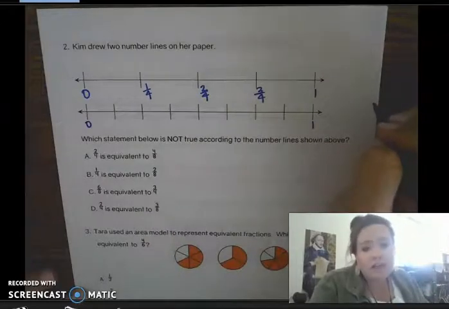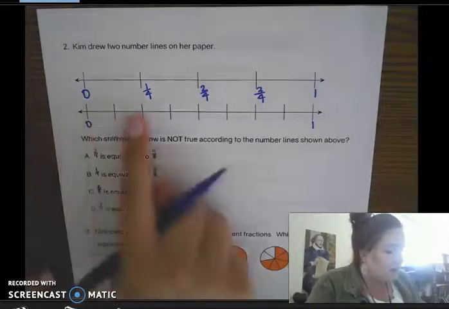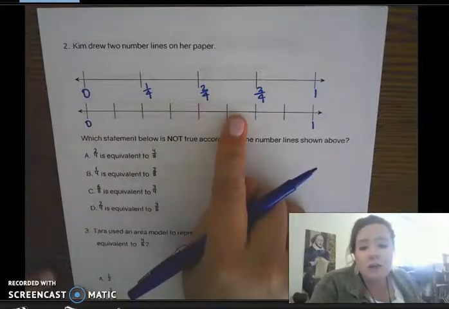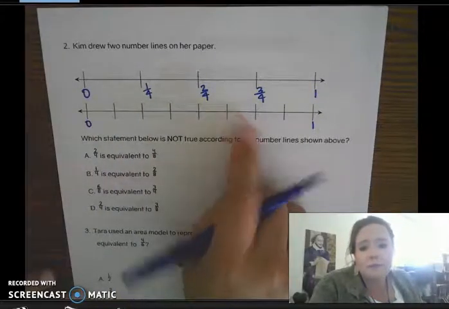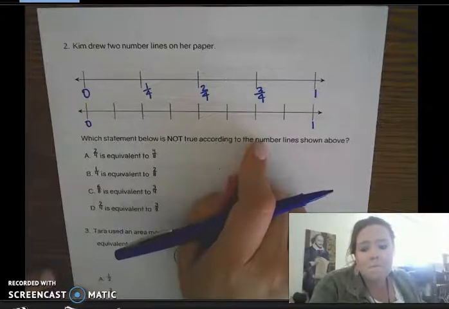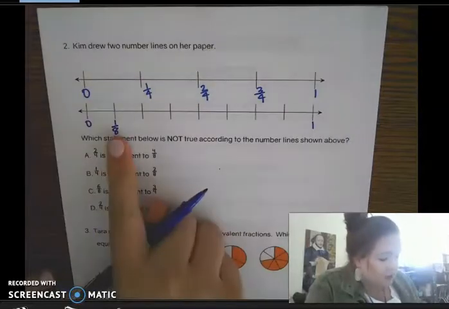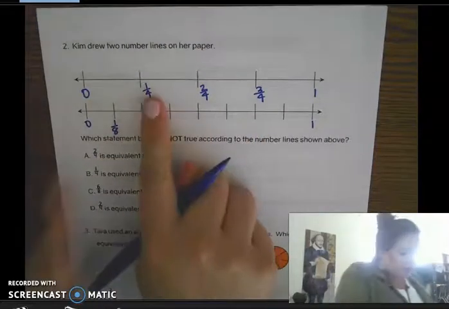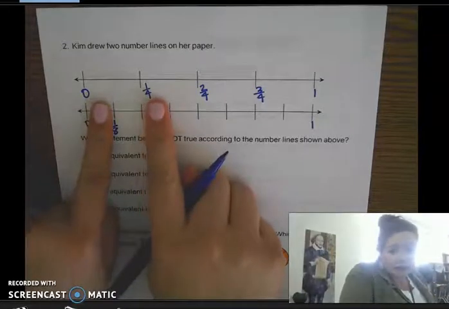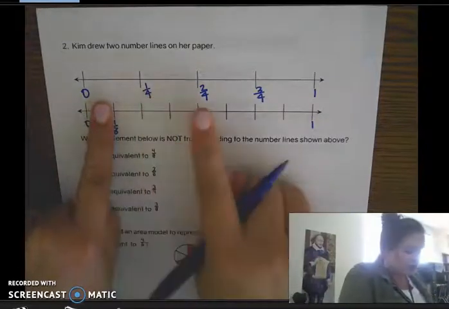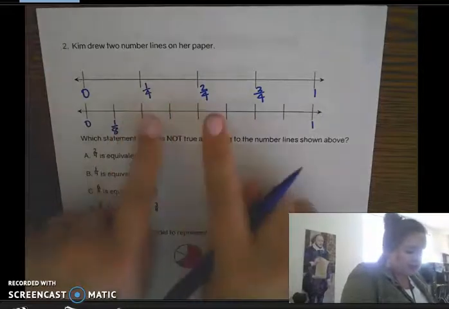What unit fraction? Good job. Each section represents 1/8. So this is 1/8, but also that section right there would be 1/8 of the section. That would be 1/8 of the section, and so on.